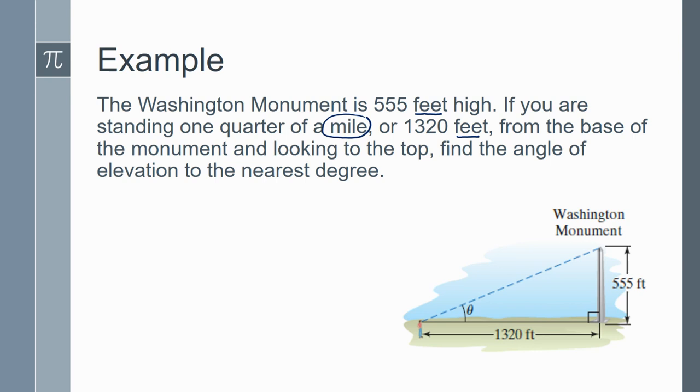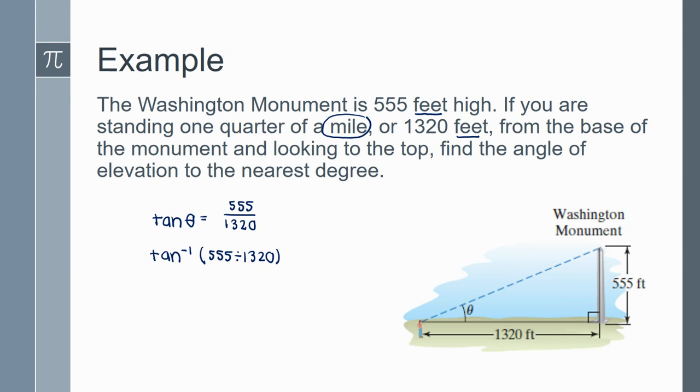So this time we want to find the angle. We still have to figure out what trig function we want, because 555 is across, that's the opposite. 1320 is adjacent. So we are using tangent again, but it's tangent of theta equals 555 over 1320. Remember, when we're typing it into the calculator, because I'm trying to find the angle, we have to use second tangent, and then I'm dividing.